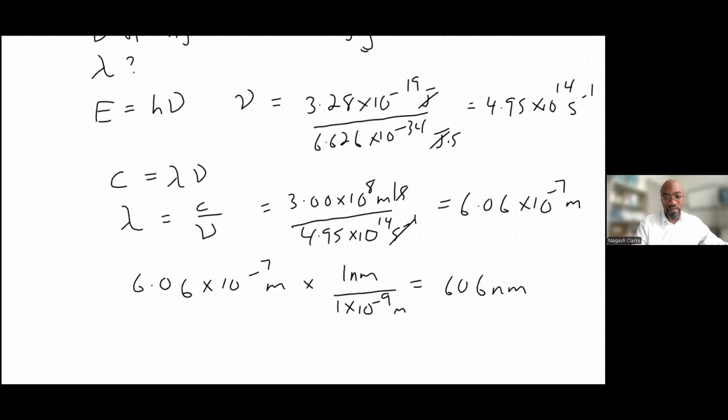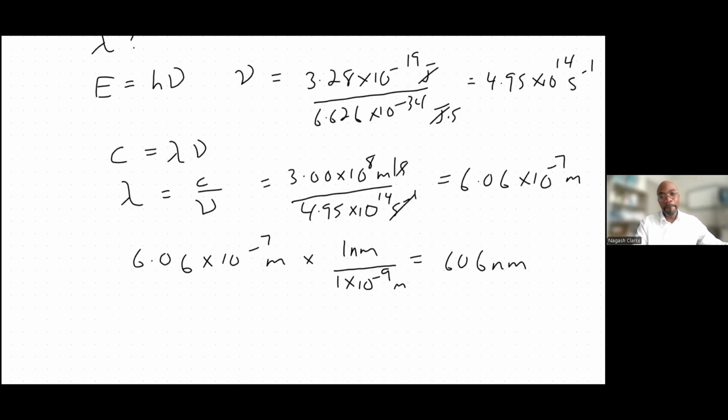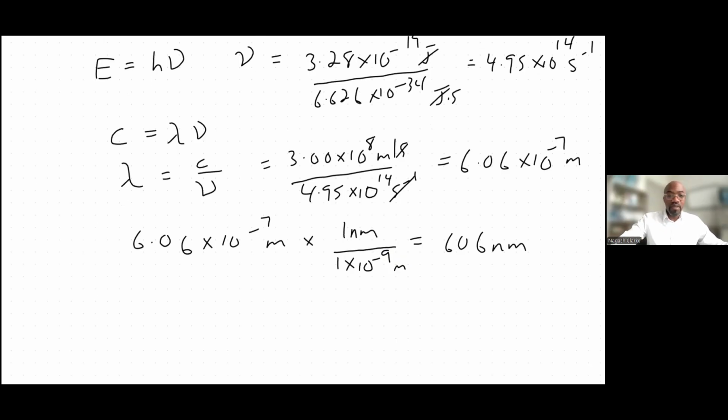And that is the wavelength, so we can actually tell what color this light is. I think it's about orange to the red-orange region of the visible spectrum. So that's how we can manipulate the equation for lambda.